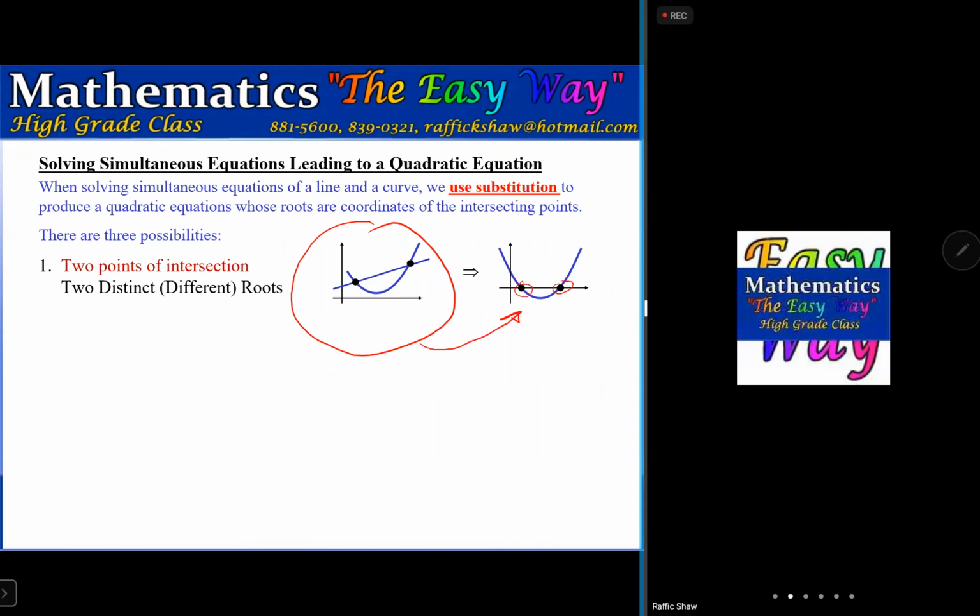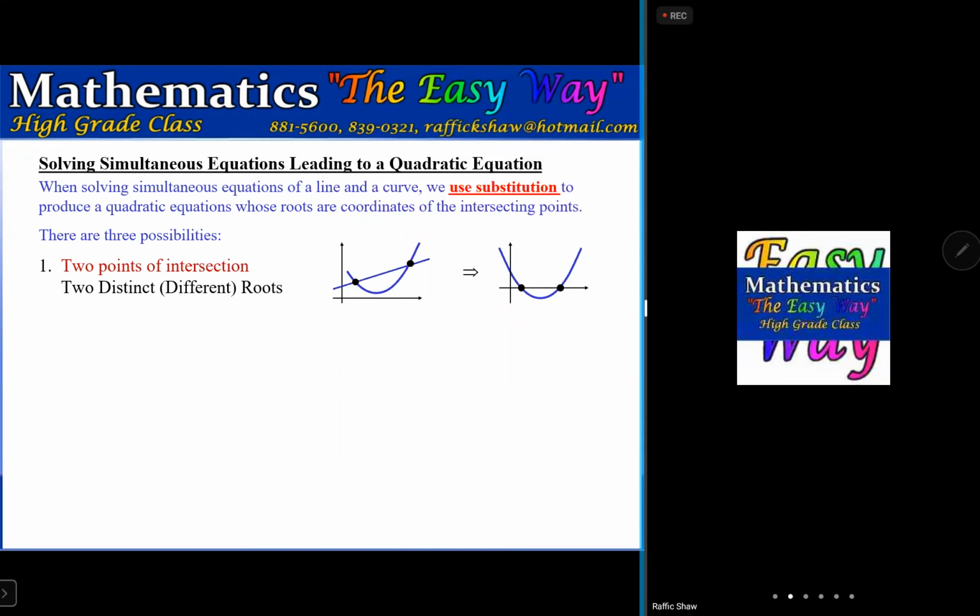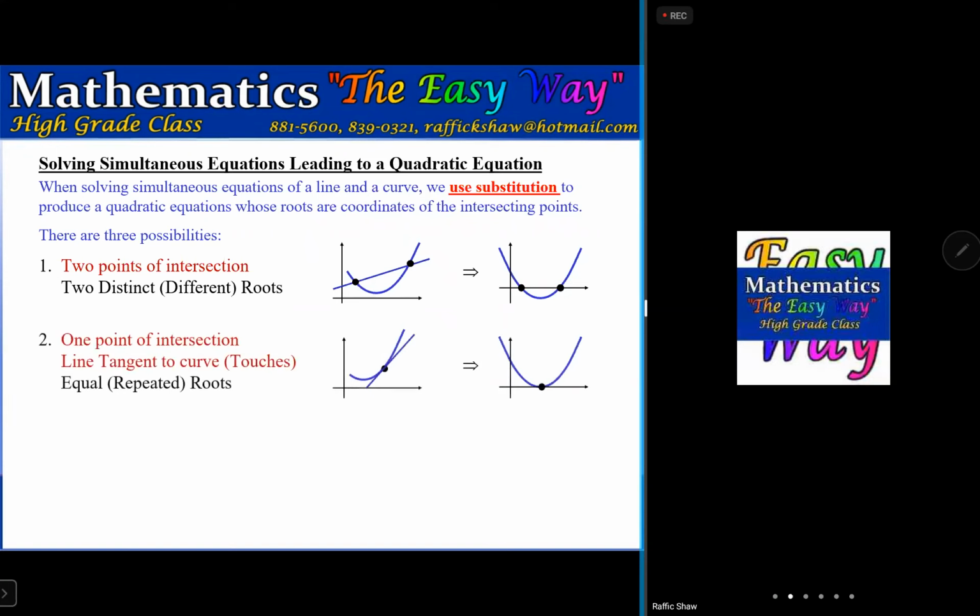All right? So this is like an application topic for the quadratics that we have learned so far. The other possibility is that the line can touch the curve at a single point only. That's why the word touch is right here. In that case, the line is a tangent to the curve, and you can see it on this diagram. So the line has only one point of contact. When you have one point of contact, you're still going to get a quadratic equation, right? Because it's a line and a curve.